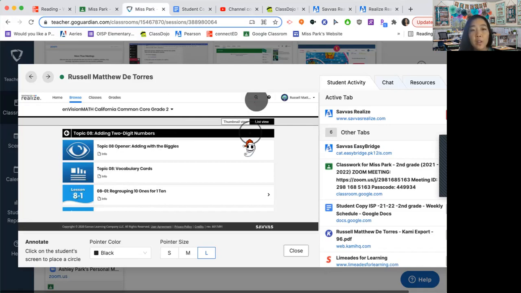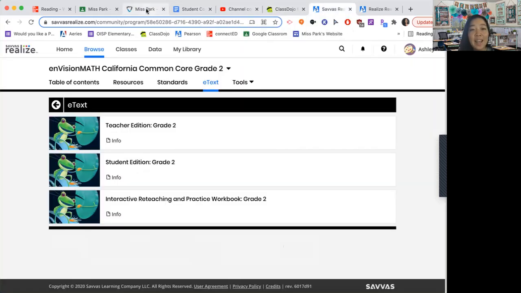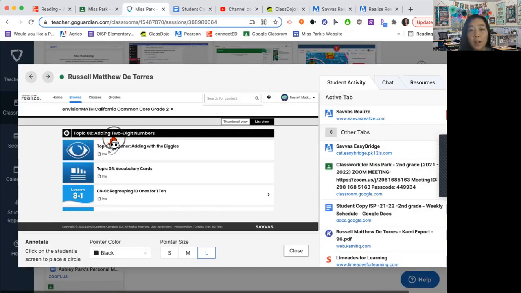Let's see if I can find it this way. Click on the search bar, and then type in the word eText. E, all one word. E-T-E-X-T. And then click enter or return on your computer.